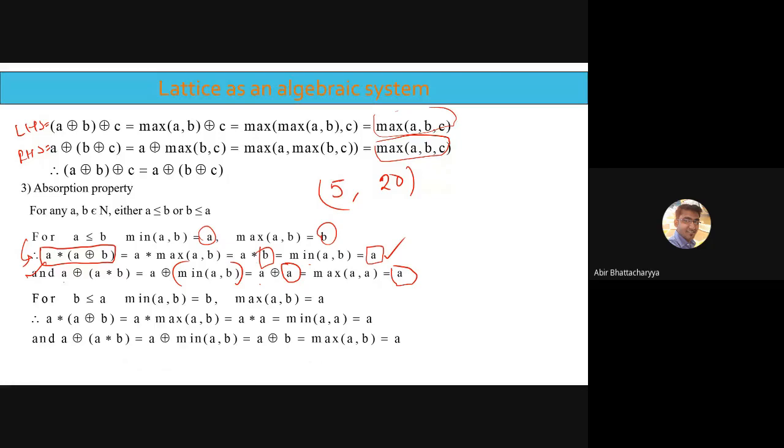in the next case, case 2, B is less than or equal to A. So whenever B is smaller than A, then the minimum of A, B equals B and the maximum of A, B equals A, the opposite one.